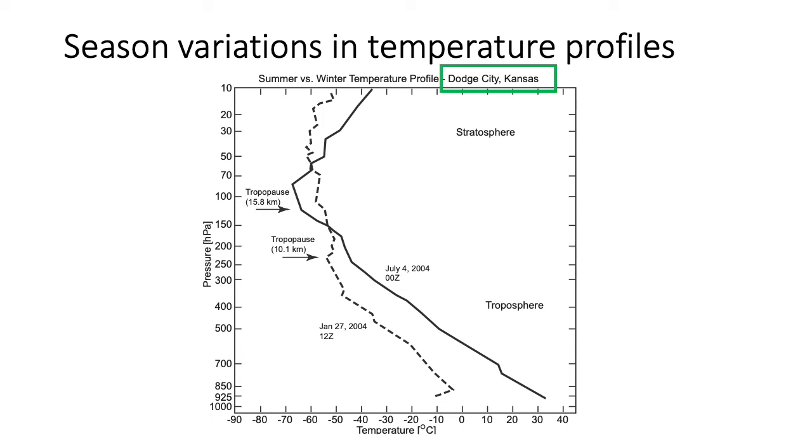And we're looking at a summer sounding at 7 p.m. That is 00Z on July 4th in the year 2004. That's the solid black line. And the surface temperature is a fairly warm 32 degrees Celsius on that day, so it'd be around 90 degrees Fahrenheit.